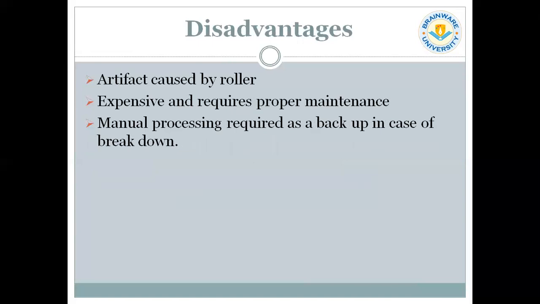So of course there are some disadvantages. The main disadvantage is caused by the roller, that is artifact. If there is any dust on the roller, a huge amount of artifact will occur.